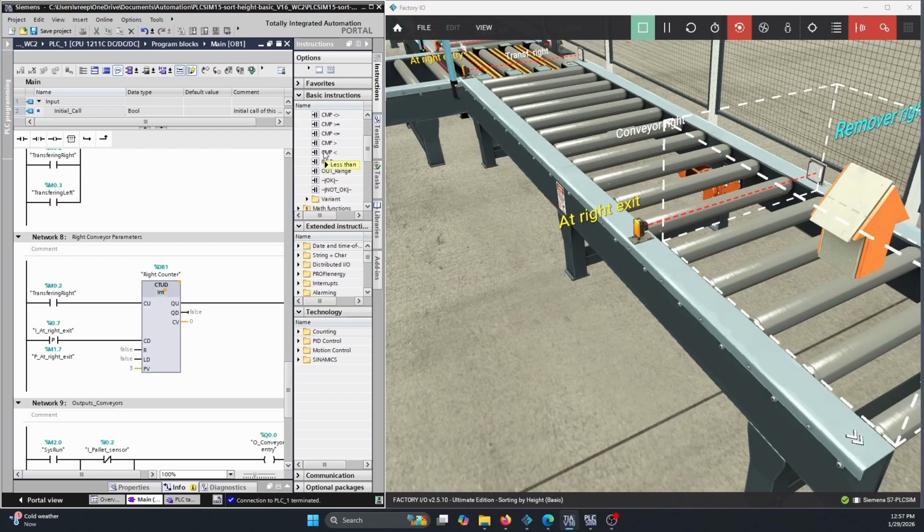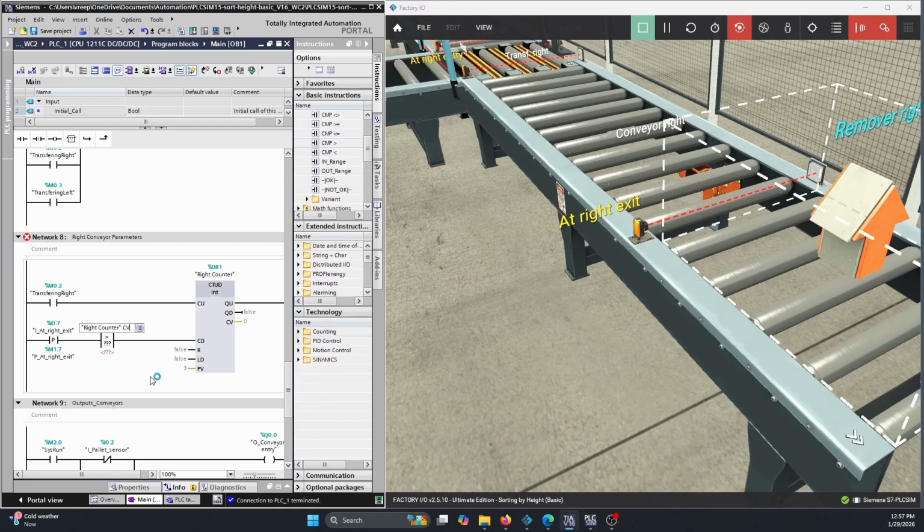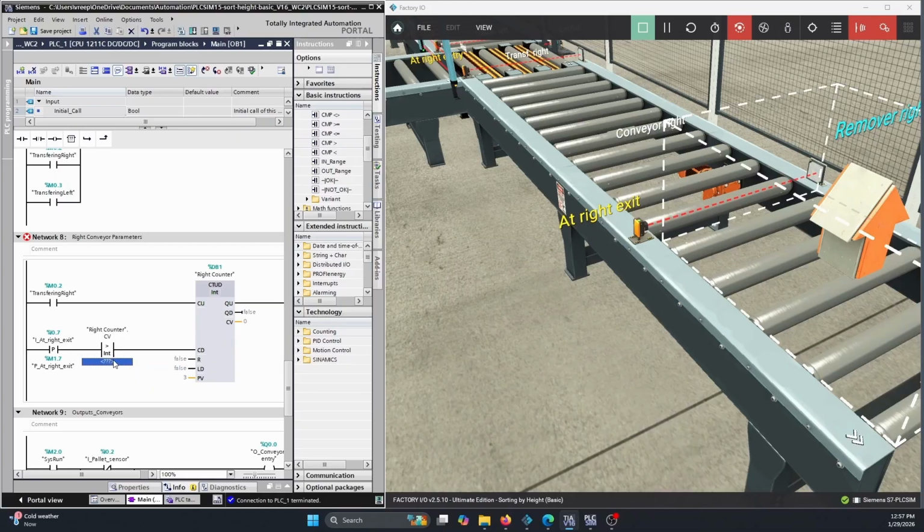And as long as it's greater than 0, it's a compare. Yes. So we want the right counter, right? The current value of our right counter. So we're going to find right counter, click here, and find the current value. Okay, and as long as it's greater than 0, then we're good to go.